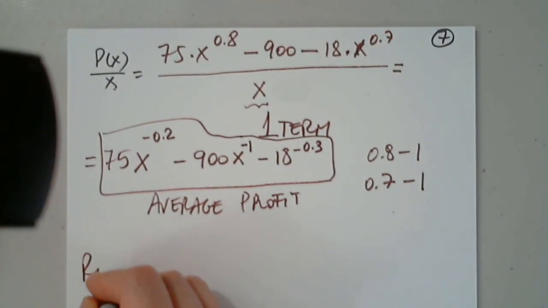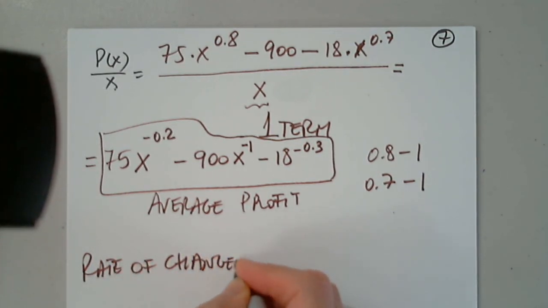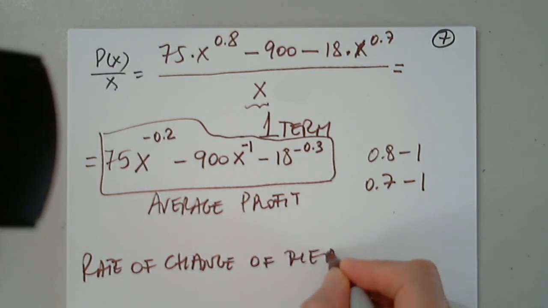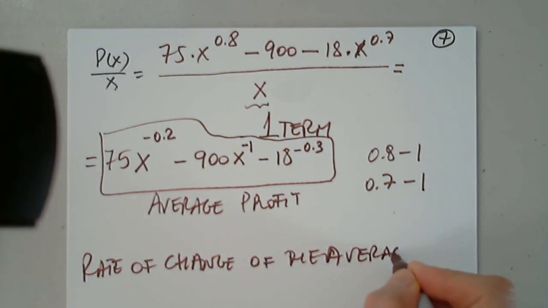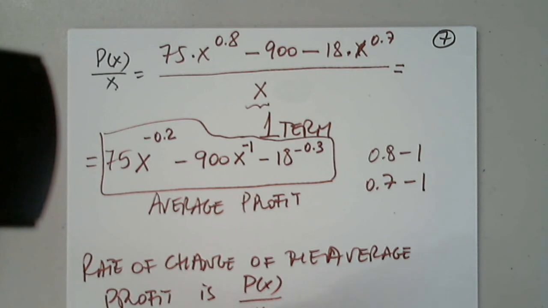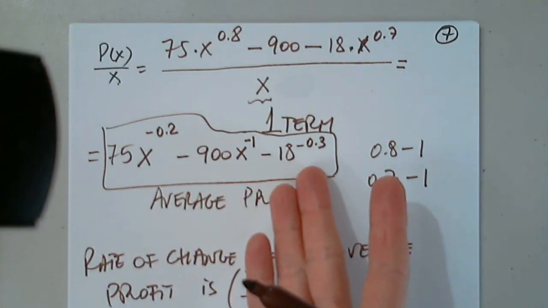Now the rate of change of the average profit is P of x over x prime. We know this is simple now.